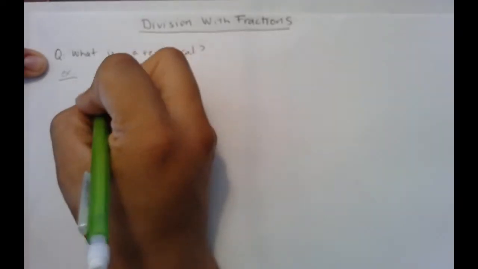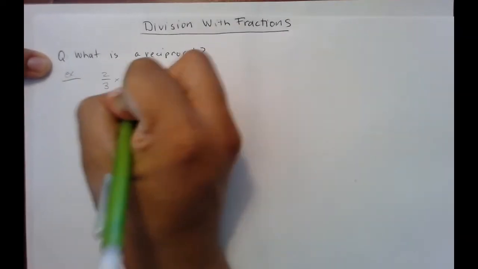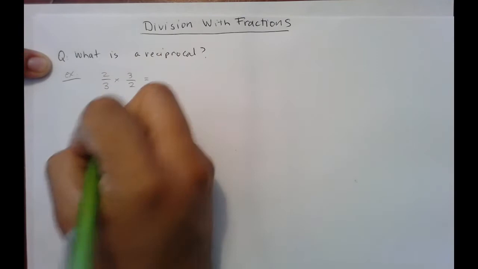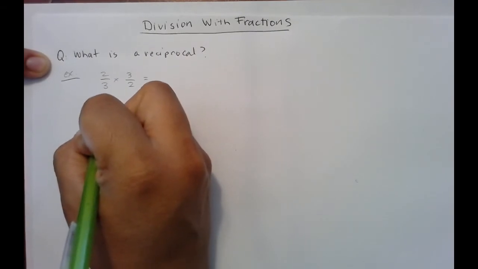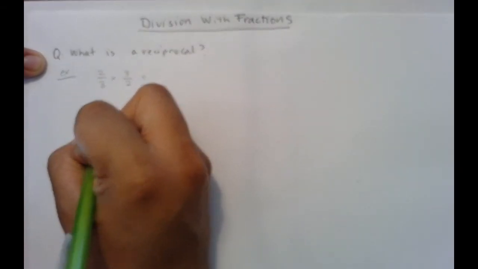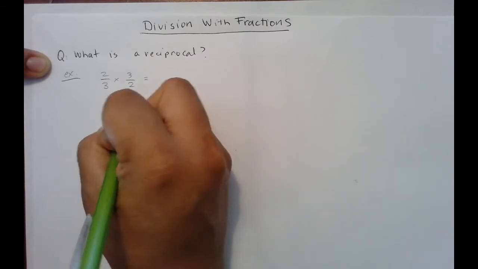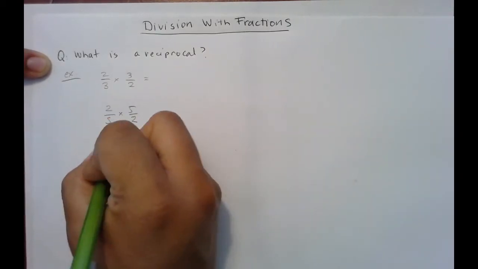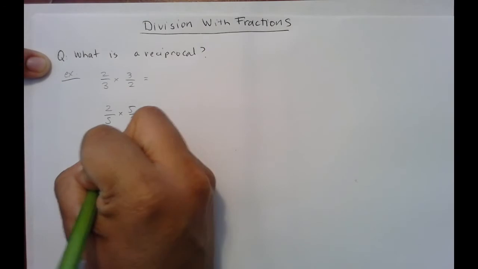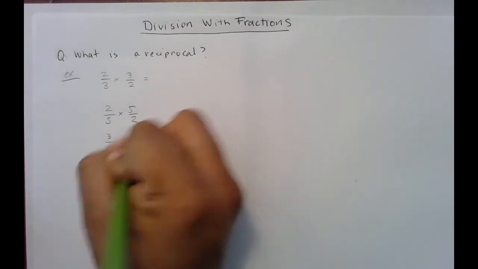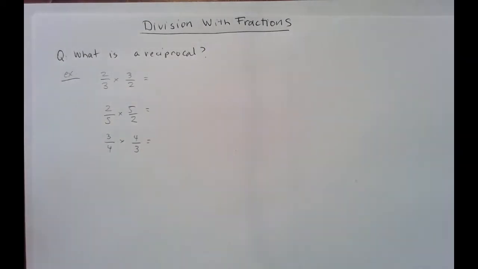Okay, so let's suppose I have 2/3 times 3/2, and then I'm going to also multiply 2/5 times 5/2, and I'm going to multiply 3/4 times 4/3. Recall our multiplication properties, right?